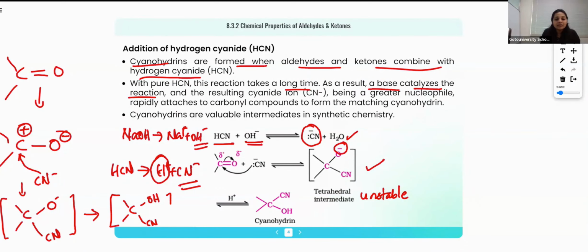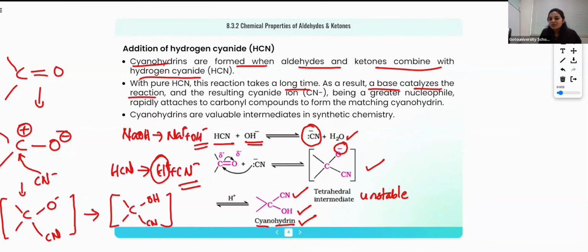This compound is called a cyanohydrin, meaning a cyano group is there and a hydroxyl group is there. Cyano means CN group, hydrin means OH group. That's why cyanohydrin. Got it? Yes. This is the addition of hydrogen cyanide. First I told you, you have to do this reaction in a basic medium.